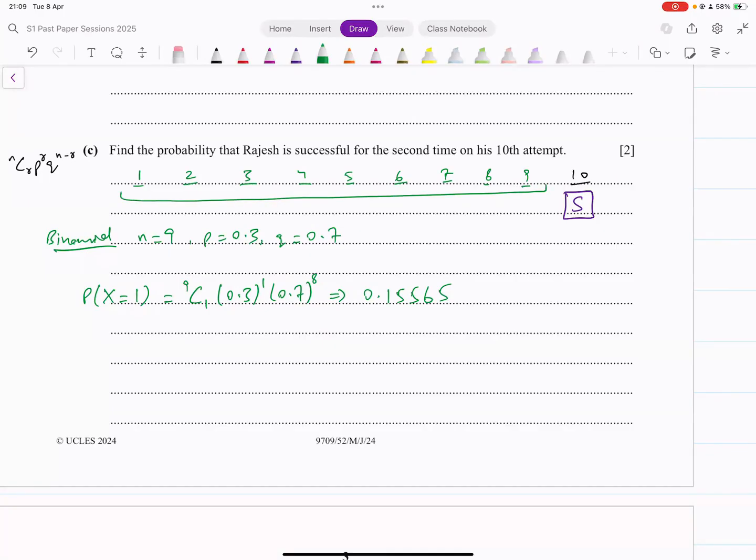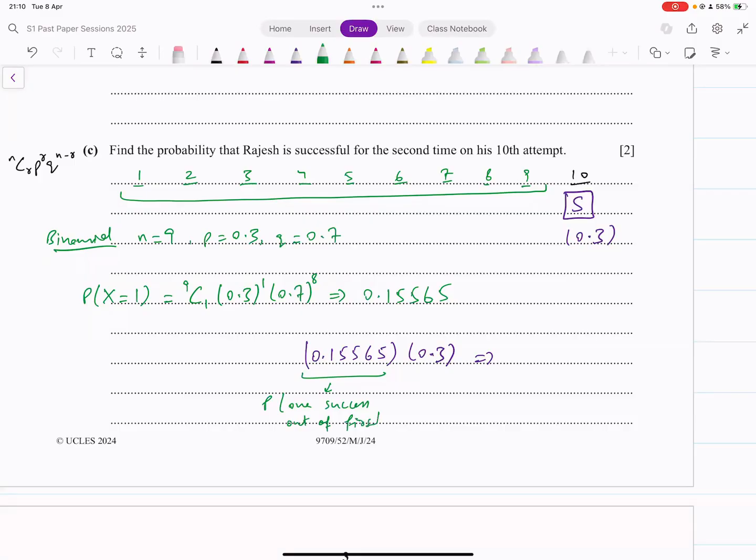And then the second success comes on the 10th attempt. What's the probability for that? Probability of having a success, 0.3. So what we would do now is we would multiply this number 0.15565 with 0.3, and that will give us the result. This is the probability of having one success out of first 9. One success out of first 9.